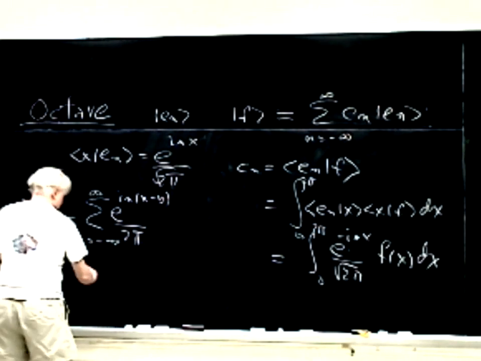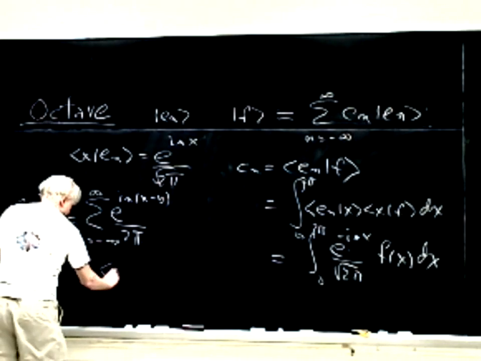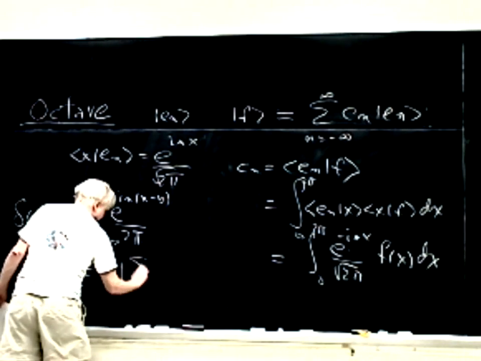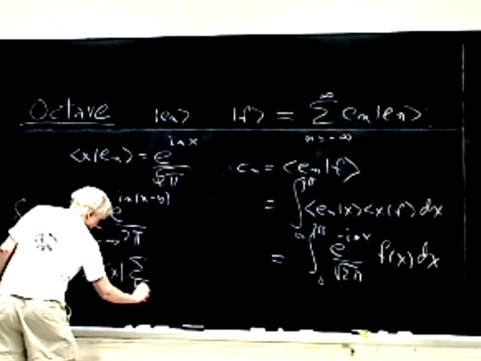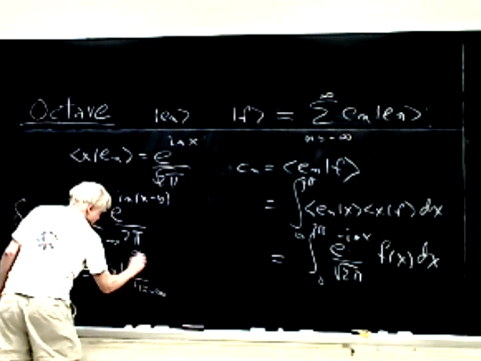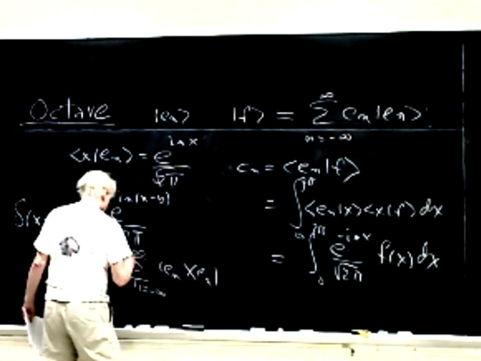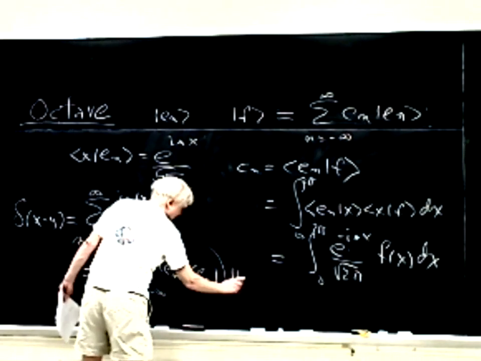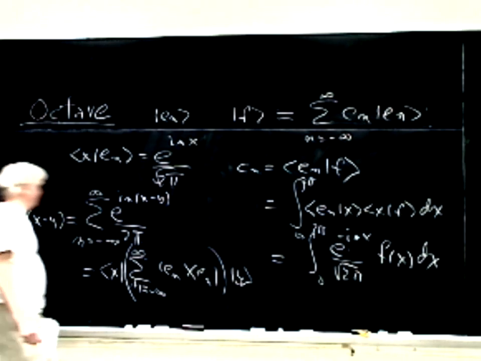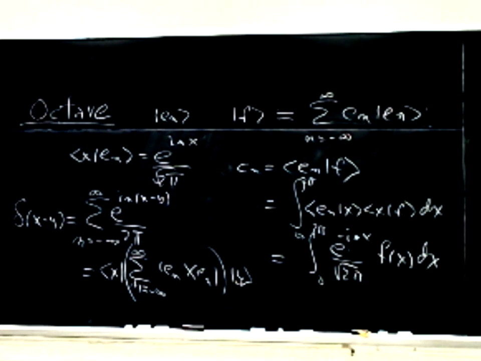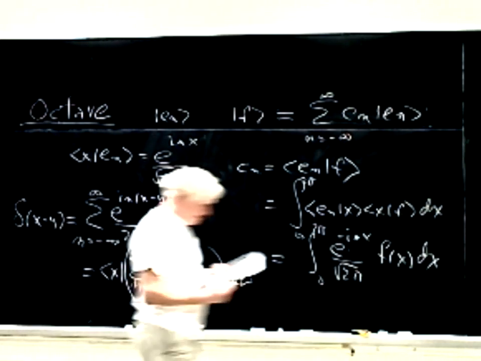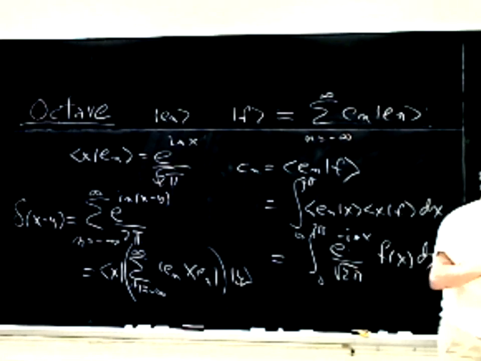And another way of thinking about that is just the inner product of x with the identity operator written as the sum from n equals minus infinity to plus infinity of e sub n with y. All right. So we learned those things last time.